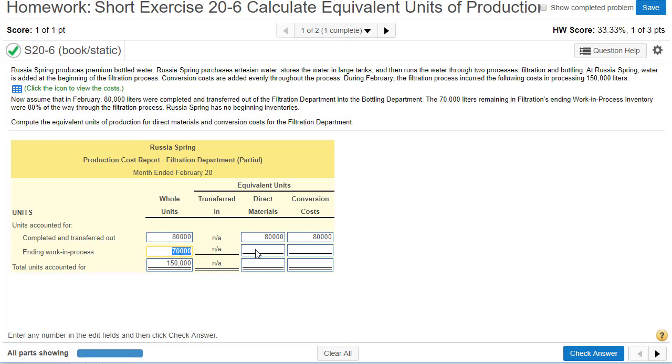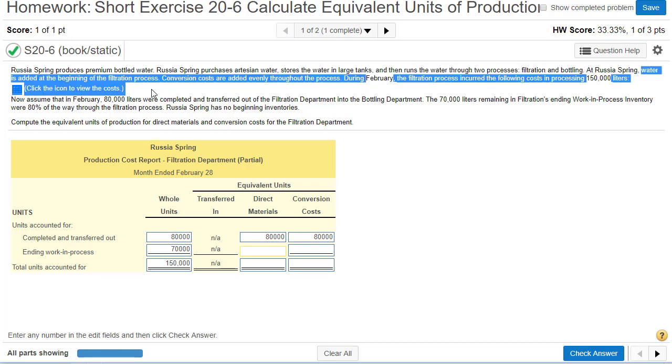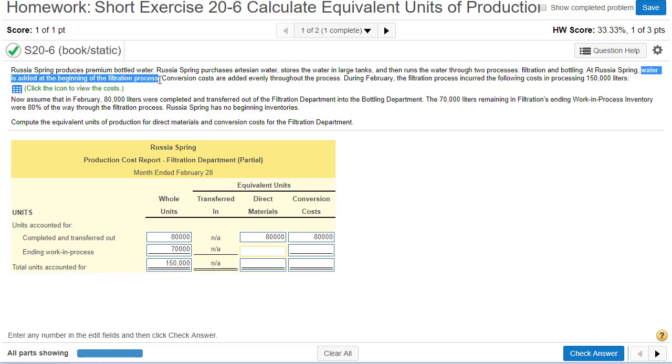So what we had to figure out is for direct materials, how many of them had the cost of the direct materials added to them. Well, we have to go back to this key part. Water is added at the beginning of the filtration process.